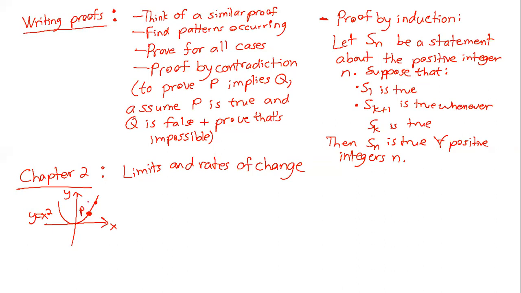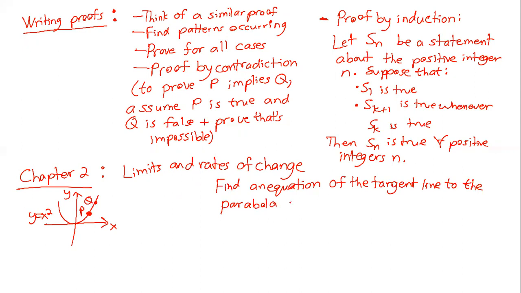Let me call this one P and I'm going to call this one Q. So I want to get the tangent at P. So very specifically, I want to find an equation of the tangent line to the parabola y equals x squared at the point P (1, 1).